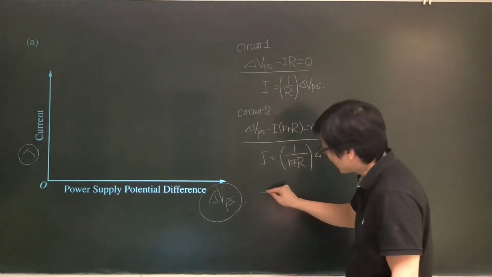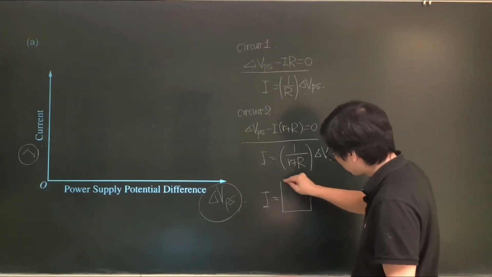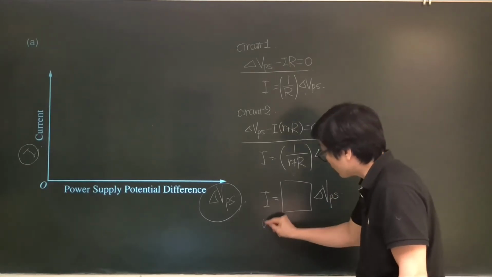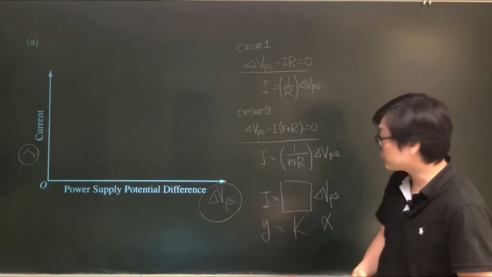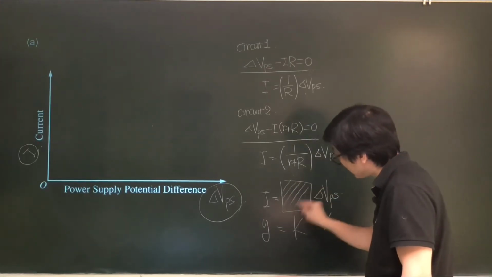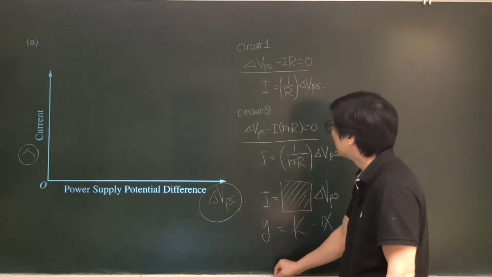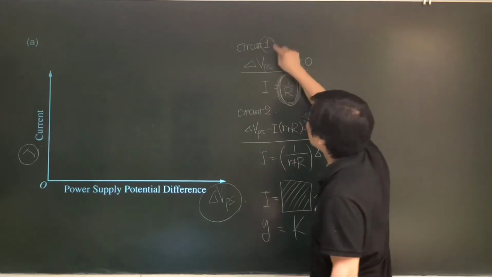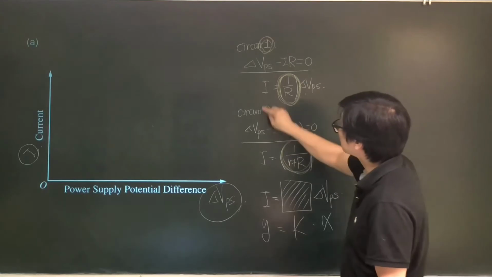Whenever you have I equals something times delta VPS, it's the same as y equals kx, a linear relationship, and whatever you have in front is the slope. So now I have slope 1 over R for circuit 1 and 1 over (R plus r) for circuit 2.